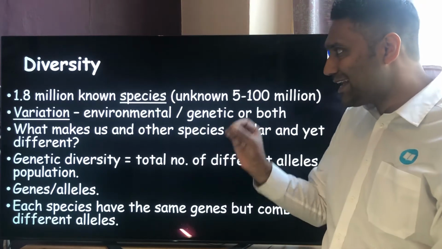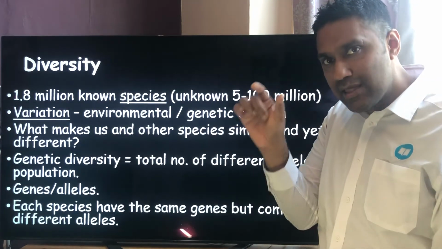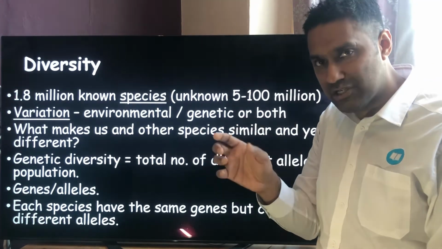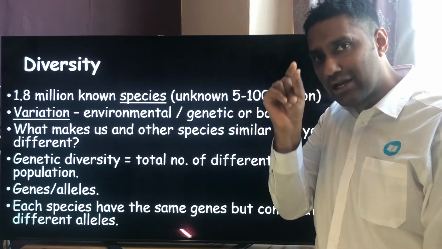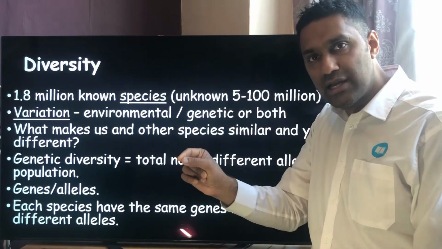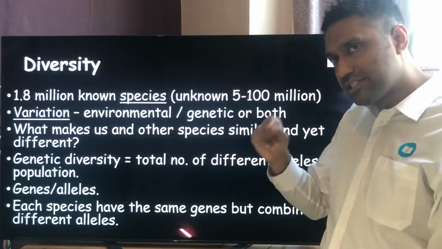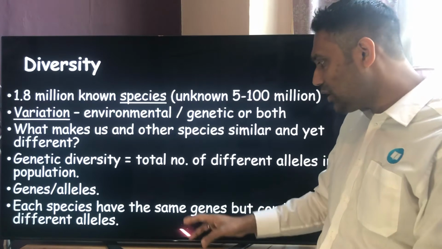A gene is a sequence of DNA that codes for a polypeptide. So a gene is a specific section of DNA that codes for a polypeptide, and each species has all the same genes.